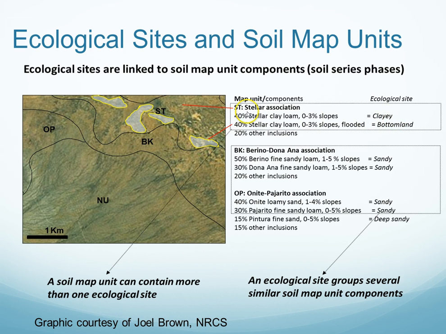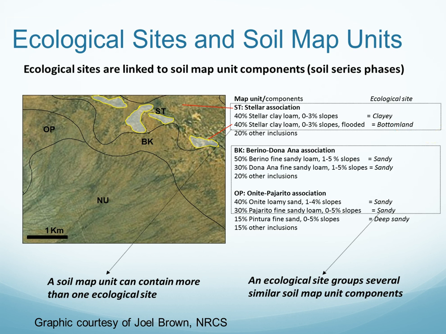So in this case here we see the stellar clay loam, 0 to 3% slopes, is associated with a clay ecological site, but the 40%, the stellar clay loam 0 to 3% slopes that's flooded is located in a bottomland site.